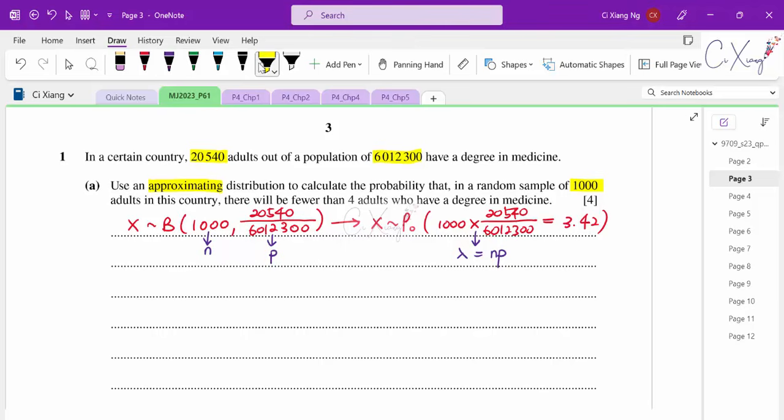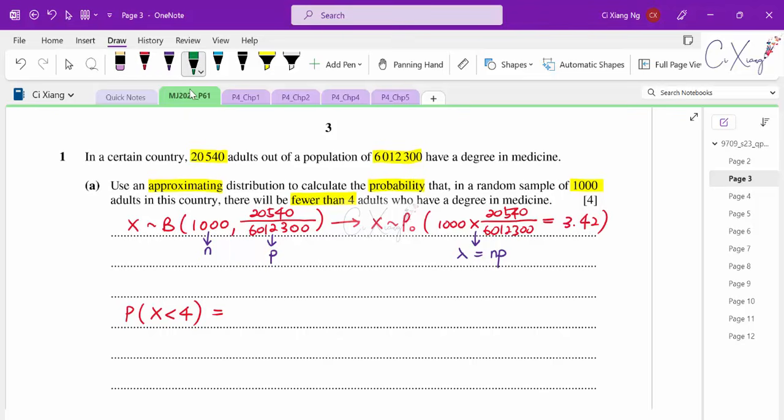Okay, then they want us to calculate the probability that fewer than 4 adults have a degree in medicine. They want us to calculate the probability that the number of adults who have a degree in medicine is less than 4. Fewer than 4 means less than 4, right? Okay, so now we have to use the Poisson formula to calculate the probability here.